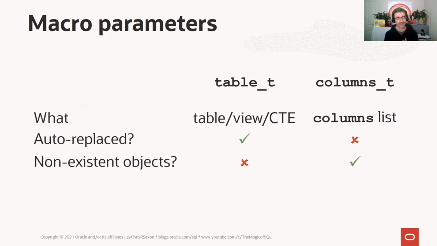With the columns type, on the other hand, you can pass in whatever you want, as long as they're legal identifiers. So, they follow the identifier rules in Oracle Database. You can pass in anything there, and the macro itself will actually execute. Now, as I say, this is a kind of technical difference, because in most cases, you're going to use all those values from the columns operator.